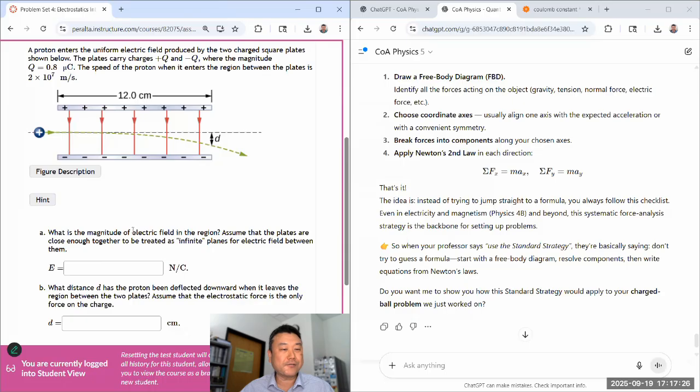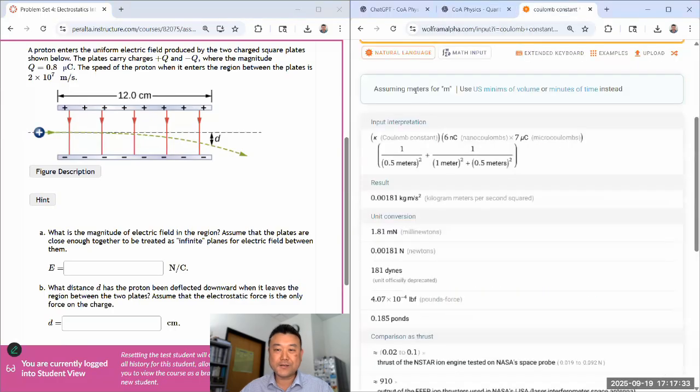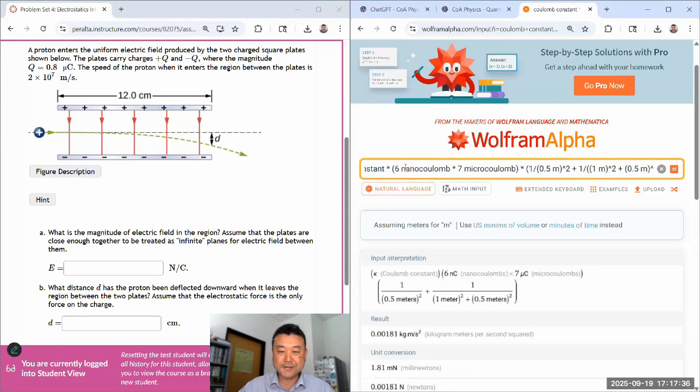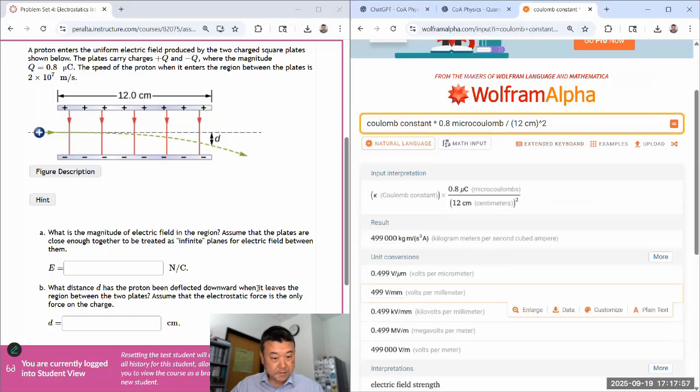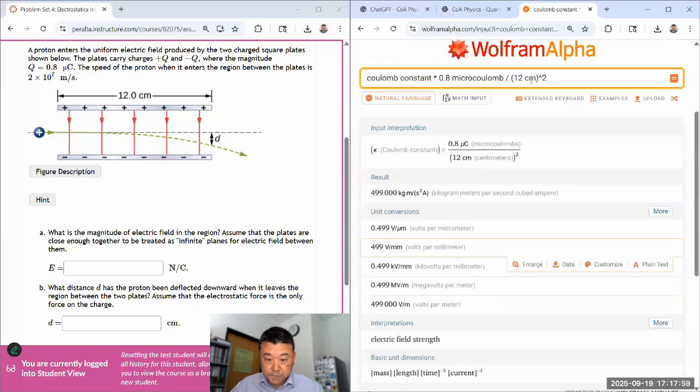Well, I got 12 centimeters there, I got a charge there, so you might do something like the Coulomb constant times the charge 0.8 microcoulomb divided by the distance squared, 12 centimeters squared. I think that'll be in units of electric field at least. I haven't multiplied by the proton charge yet. So that's in newtons per coulomb.